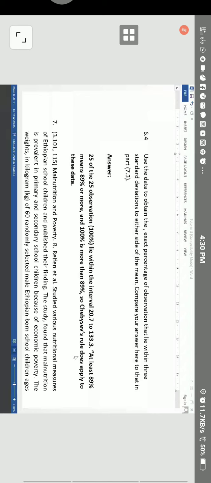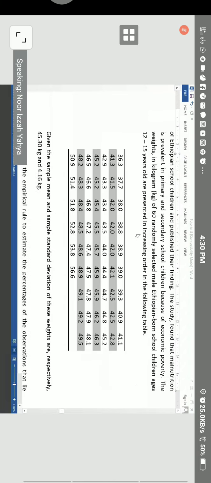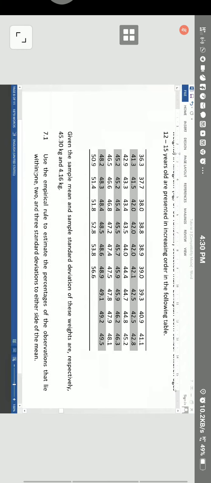Okay, and then number 7 ni we look on the shape dia macam mana. Okay, given the sample mean dah bagi, so ni dia data, tak perlu cari, the sample mean dah given, and also the standard deviation of the data pun dah given. Okay, use the empirical rule ni, you nak tengok macam mana the Bell's shape ni.